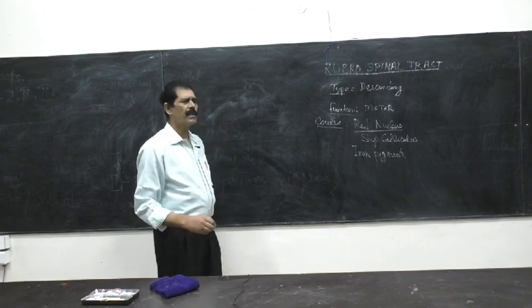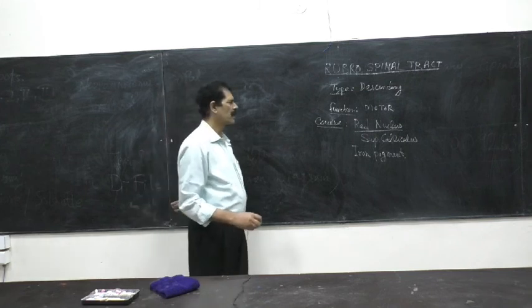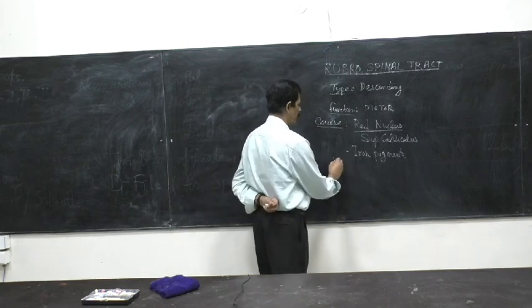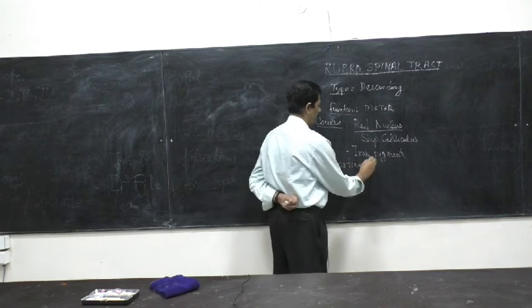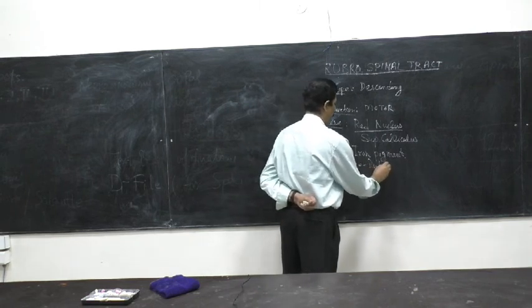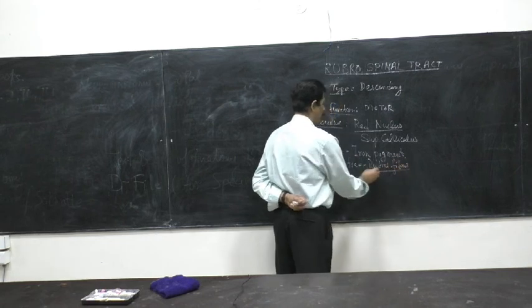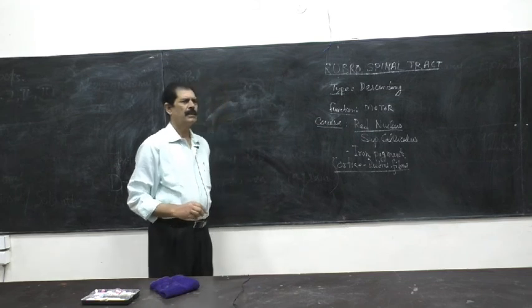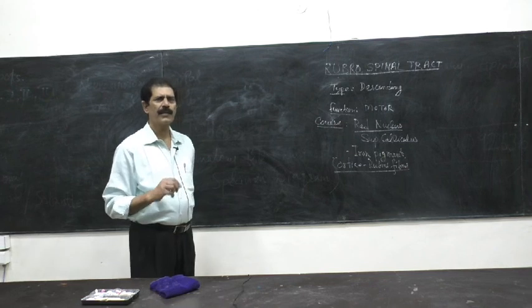Now this red nucleus, situated in the upper part of the midbrain, receives the cortico-rubral fibers. So cortico-rubral fibers are present in the posterior horn of the internal capsule.